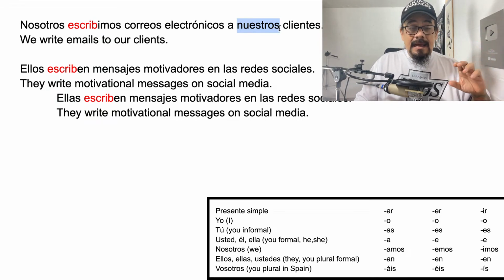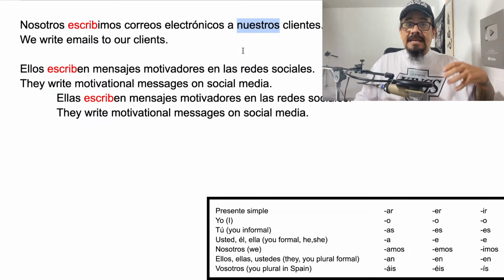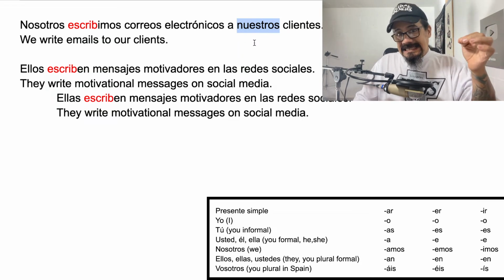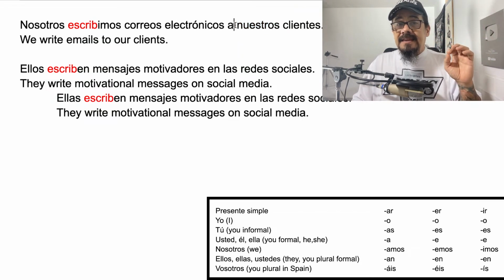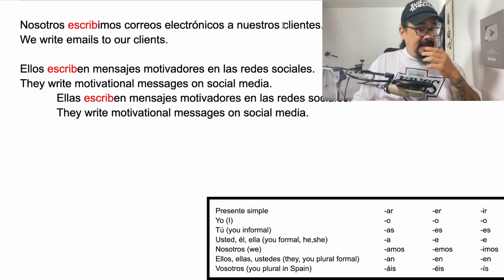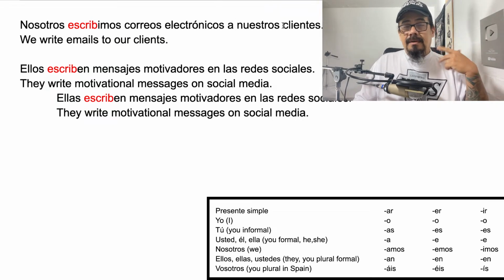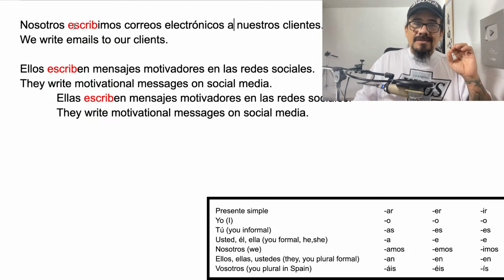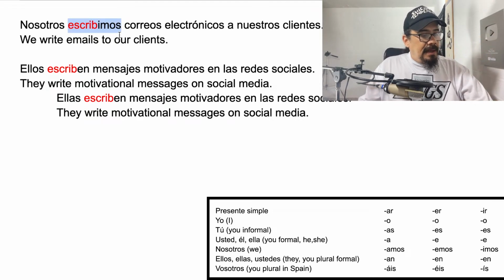Let's say it's a factory of things for women, whatever it is. Nuestras, we would say. But when we say nuestros, a lot of times the adjectives can be in male gender, and it can apply for both male and female. Don't worry, we're gonna get there. So far, we're focusing on conjugation, but don't worry, we're gonna get there.